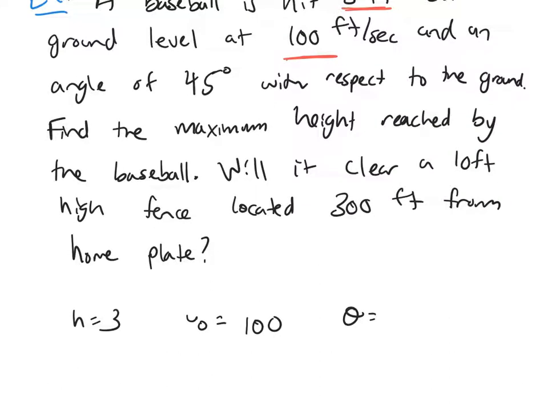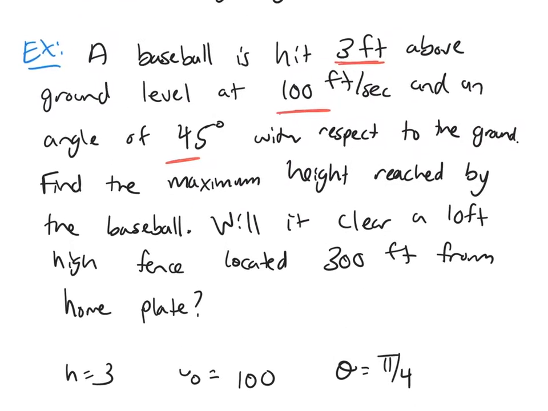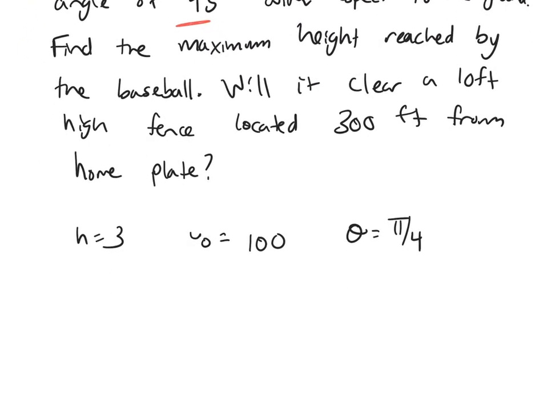It was 45 degrees or really pi over 4. And then here, I'm working in feet per second, so g in that case would be 32 feet per second squared.